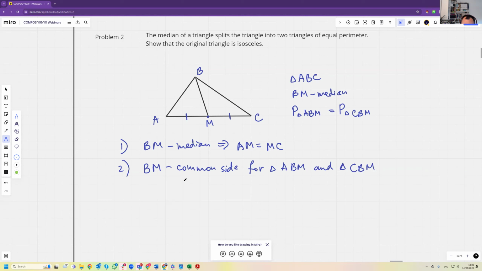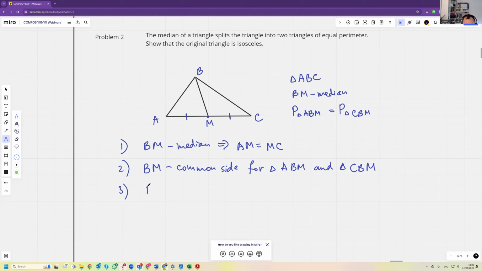It's like this sometimes is written as BM is equal to BM, but I mean, yeah, it is. Okay. So BM is a common side. And now the 3.